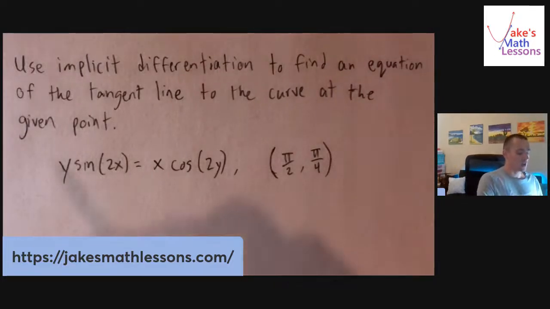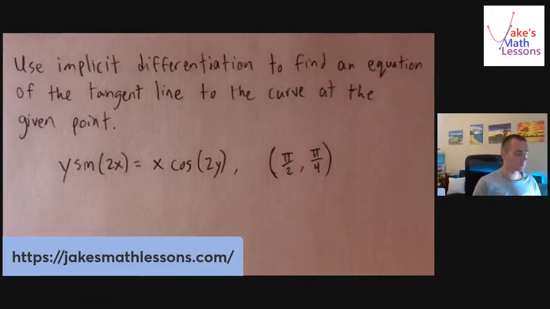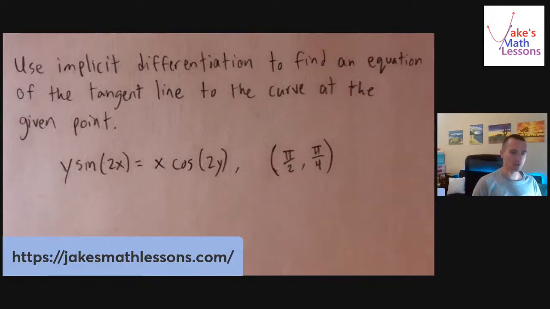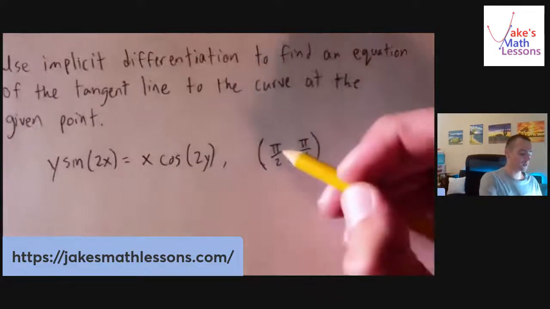If you're not told which letter is your function and which letter is your variable, sometimes it may say find dy dx. In this case, they didn't do that. They just gave us some equation with x's and y's. Typically, you can assume that x is going to be the variable and y is going to be the function.